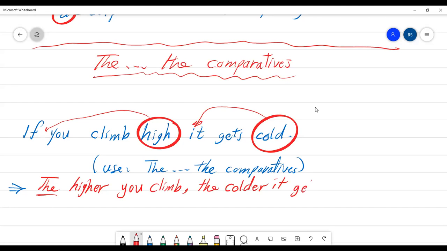Got it, my friends? Yes, teacher, got it.